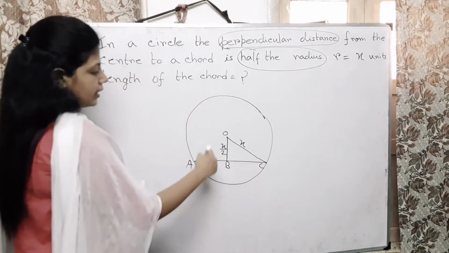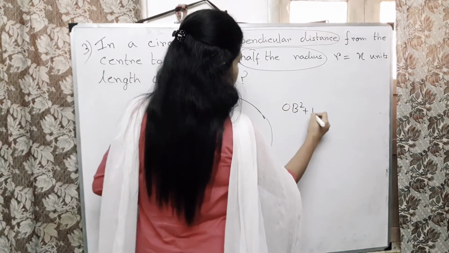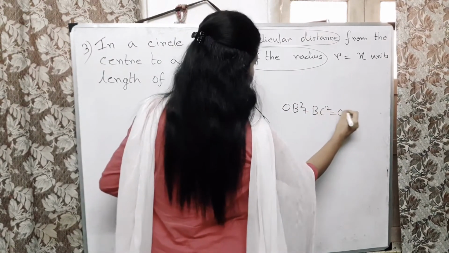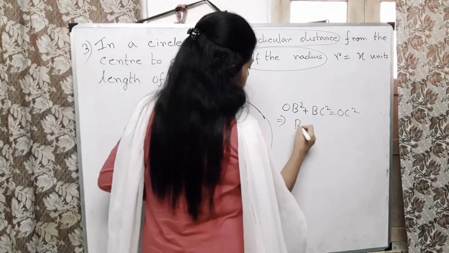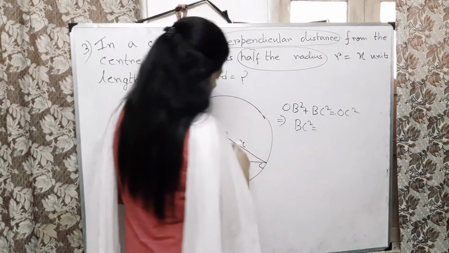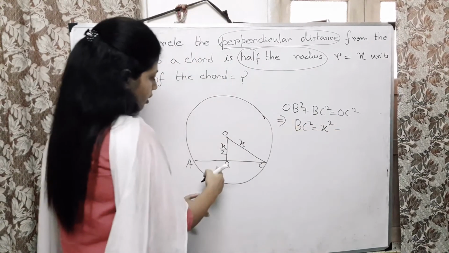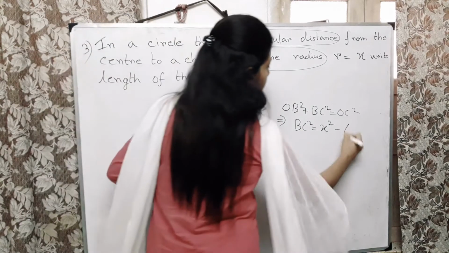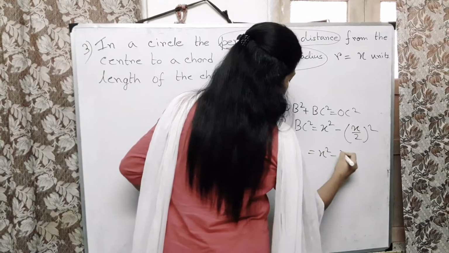So OBC is a right angle triangle. From here we can say OB square plus BC square equals OC square by Pythagoras theorem. From here you have to find BC square. So BC square equals x square minus OB square, OB square means x by 2 whole square. Now just solve this one.